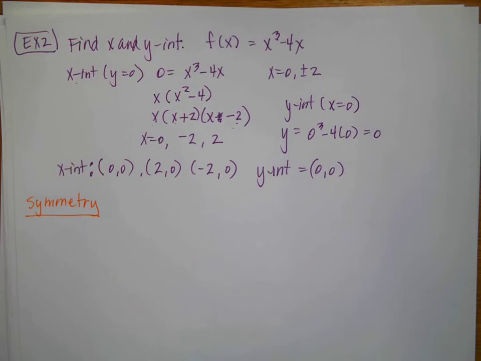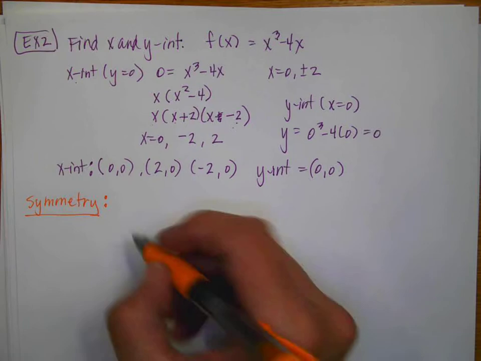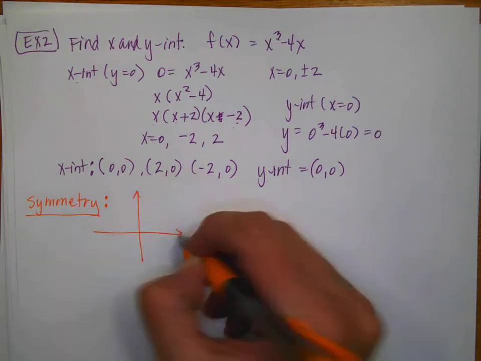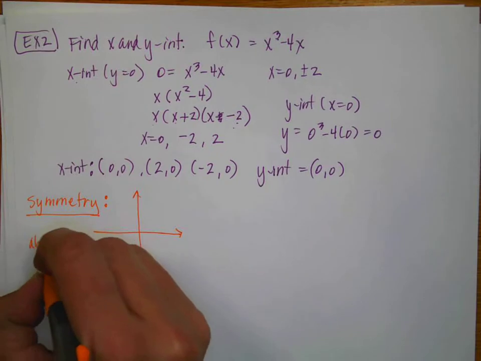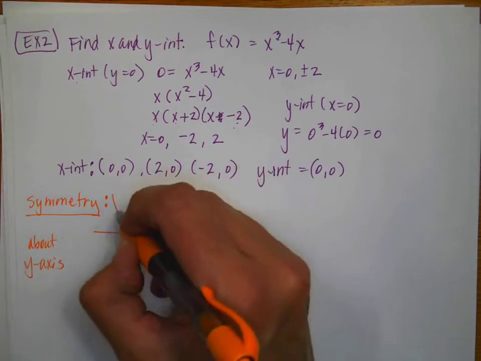And in geometry, you learned a lot about symmetry. In math, we're really only interested in 3 different types of symmetry. There's lots of different types of symmetry. The first that we're interested in is about the y-axis. So I'm going to write about the y-axis.